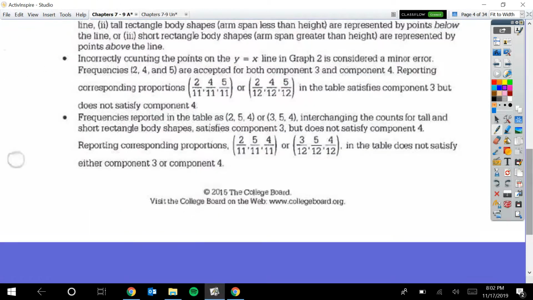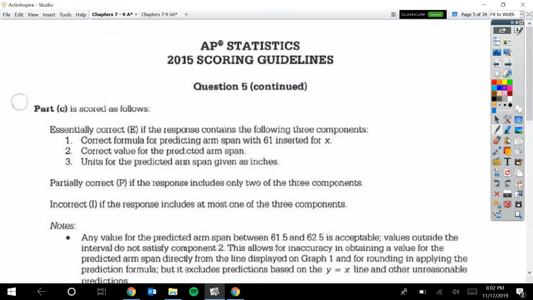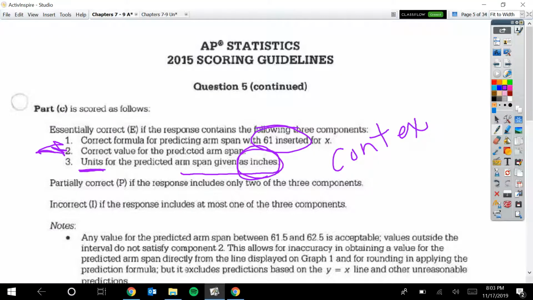So let's see here. Here's how this looked in the grading guidelines. You had to have the correct formula, inserting 61, computed the correct value right here, and giving the answer as inches. Units had to be there. Context, context, context. All right, so if you did all of those, you got 3.